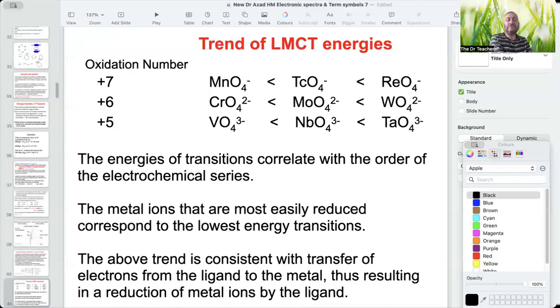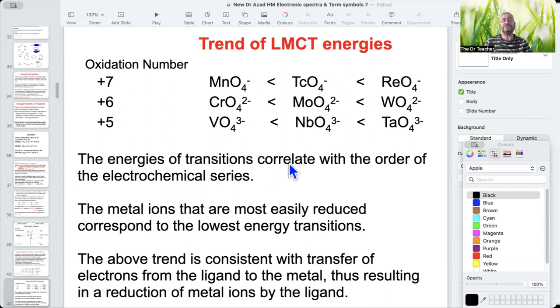A trend of ligand to metal charge transfer energy. If you have oxidation number 7, you have rhenium bigger than technetium, bigger than manganese. You have tungsten plus 6, more than molybdenum, more than chromium. If you have oxidation number 5, titanium will be bigger than niobium, bigger than vanadium.